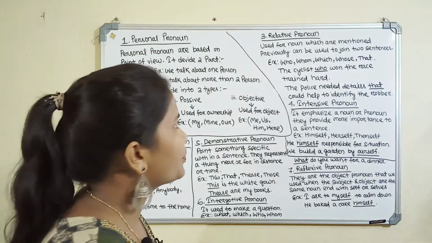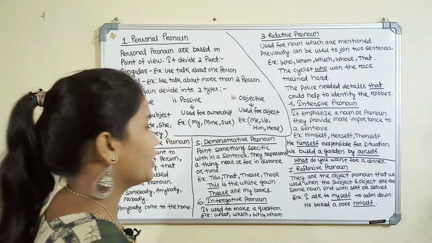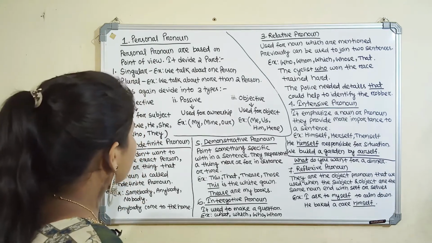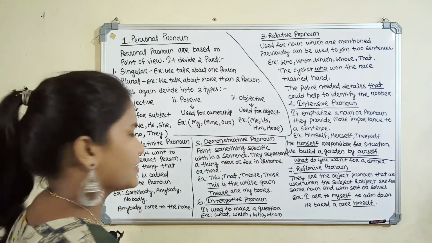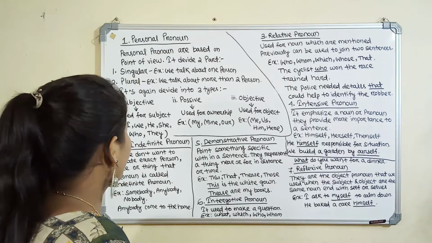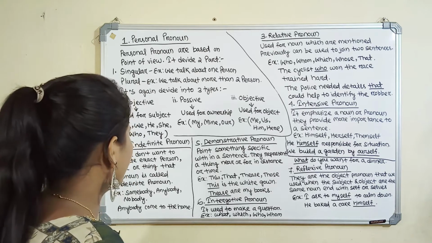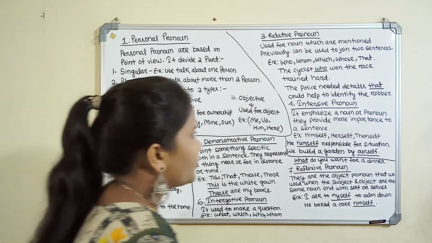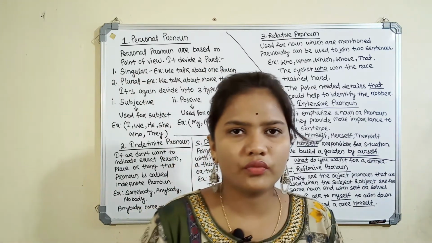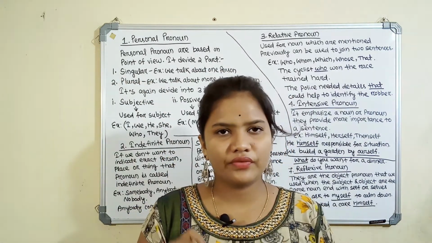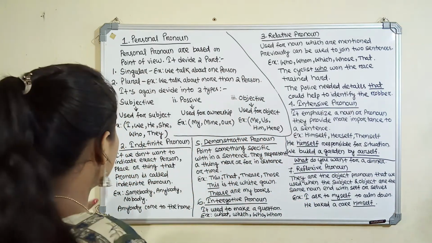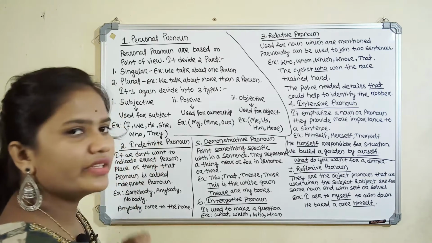Then we move to the second type of pronoun, that is the indefinite pronoun. Let's discuss. If we don't want to indicate an exact person, place or thing, that pronoun is called an indefinite pronoun. It means if you do not want to point to anyone in particular, this pronoun is used.